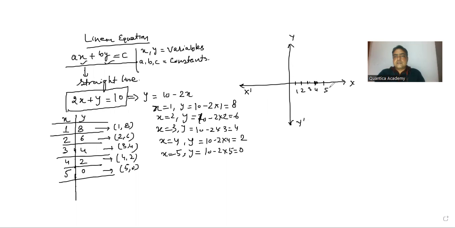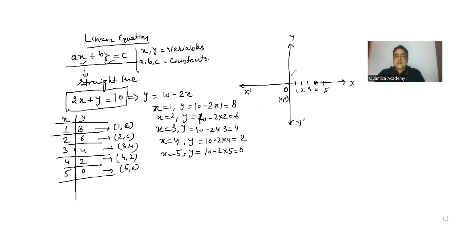All these distances between consecutive numbers should be equispaced. This is the origin. The intersection of the x and y axes is called the origin. Its coordinates are (0, 0).